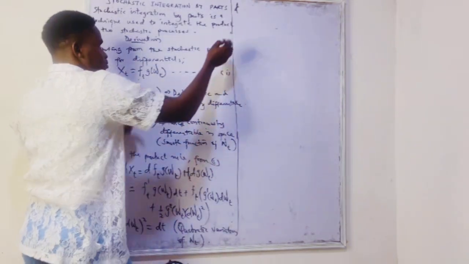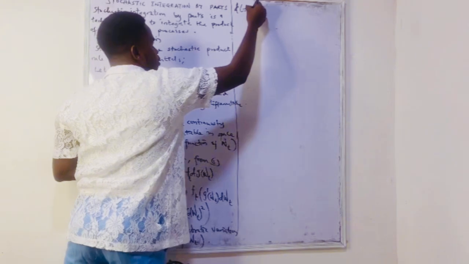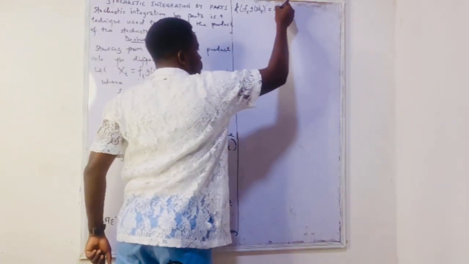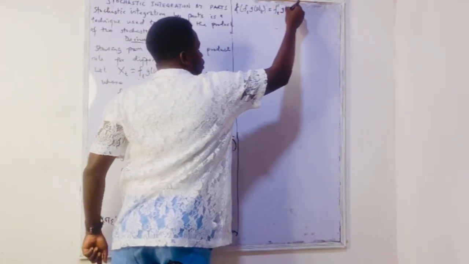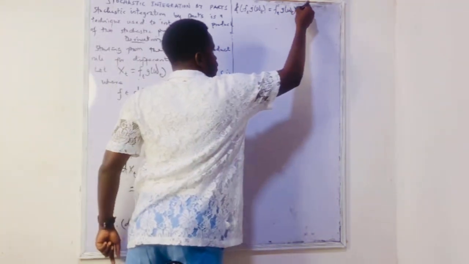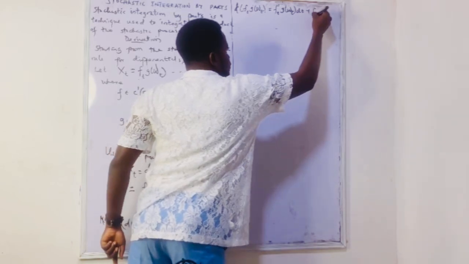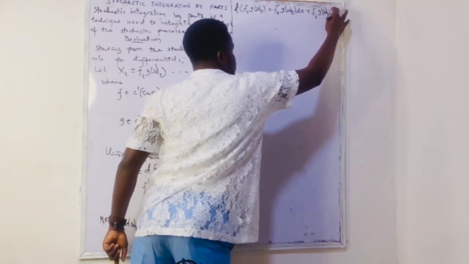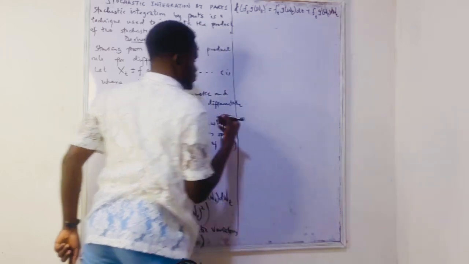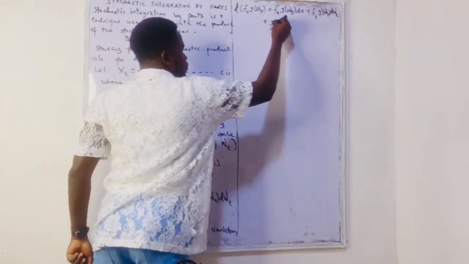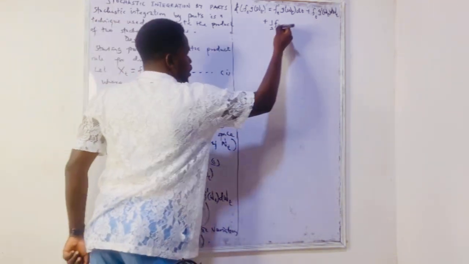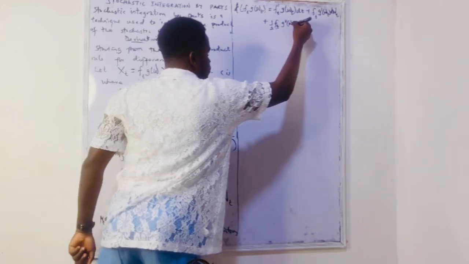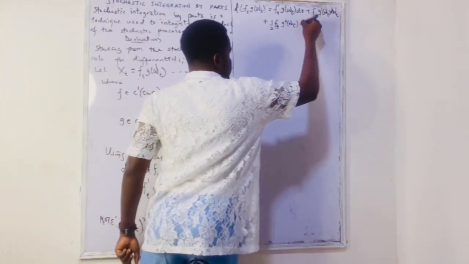So I'll be having d of f of t g of W sub t to be equal to f prime of t g of W sub t dt plus f of t g prime of W sub t dW sub t, then plus half f of t g double prime of W sub t, and this one now has become dt.